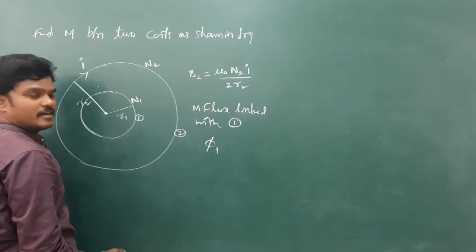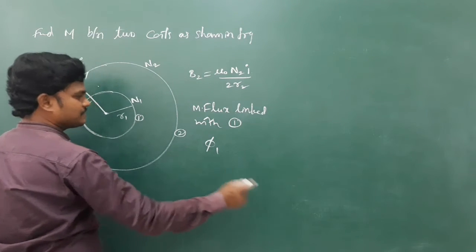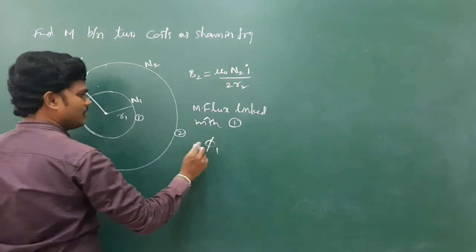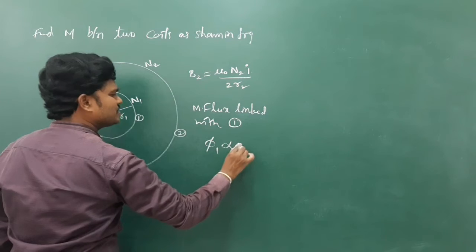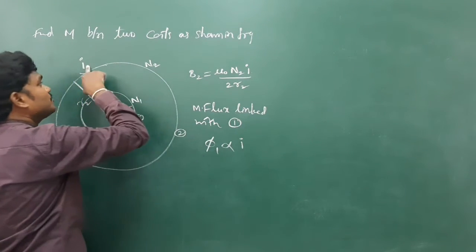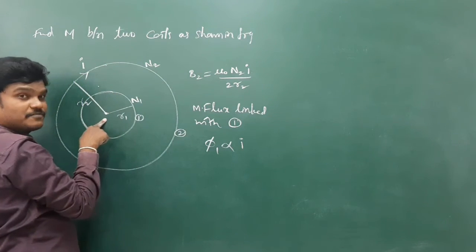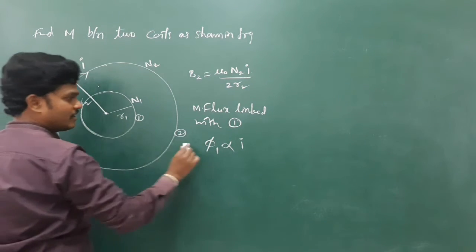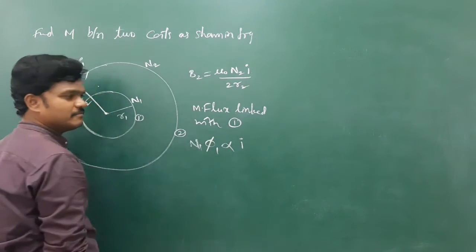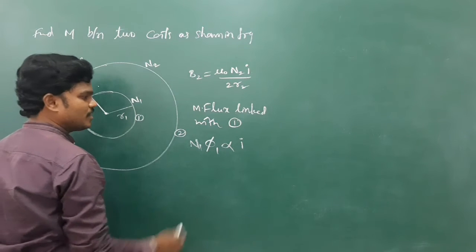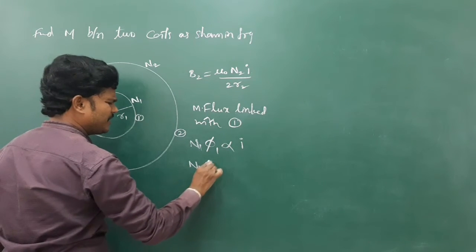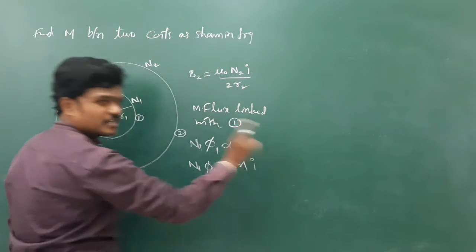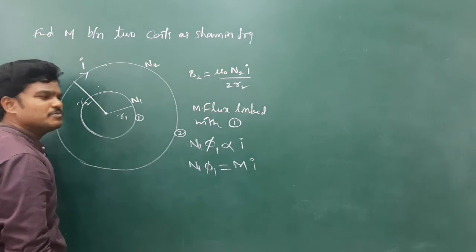Phi 1 is the flux linked in the primary coil. If N1 turns are given, N1 phi 1 is proportional to I. So N1 phi 1 is equivalent to M I, M12 or M21, because M12 and M21 are equal.